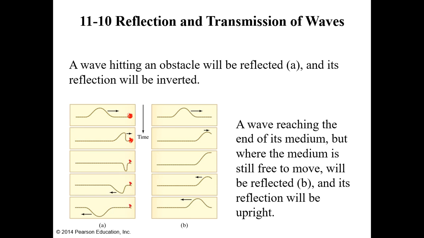But if this other end is not fixed, but open, allowed to move freely, then that pulse will reach the other end, cause the end to move, and then it'll reflect the wave back, but it will not be inverted. It will remain upright. So that's an important point that we need to bring up to discuss waves and pulses later on.